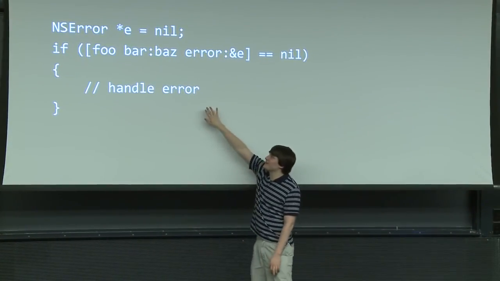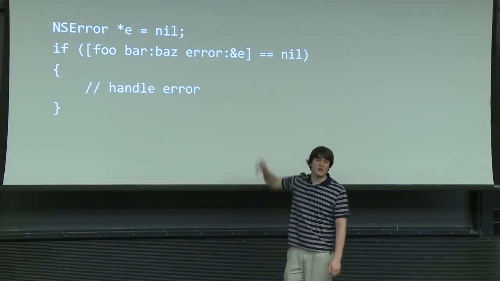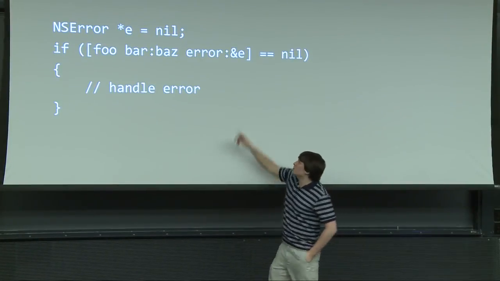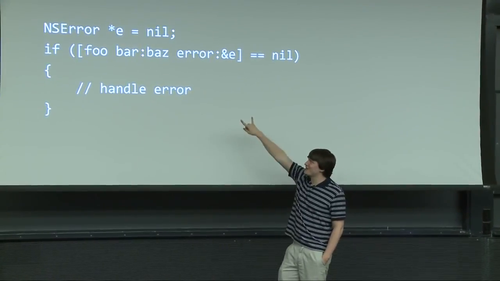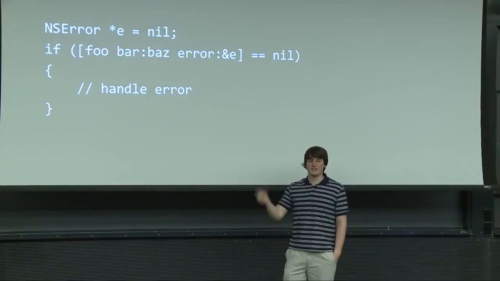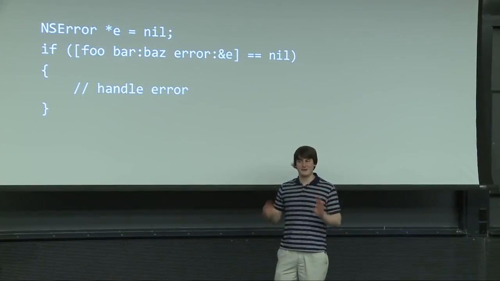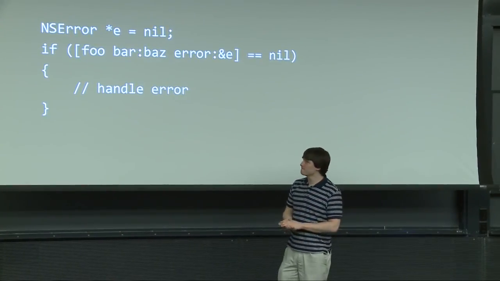So inside of here, if something went wrong, e will not be nil. If we just passed e, then inside of this method it would have to dereference e, which is something you shouldn't be doing. You should never dereference an object.